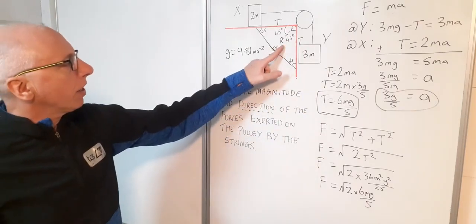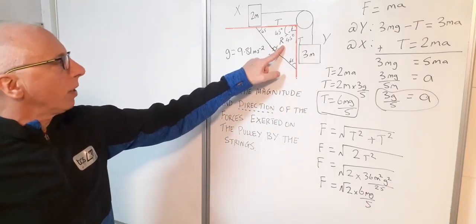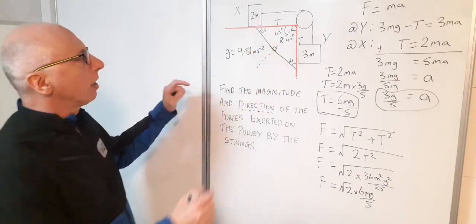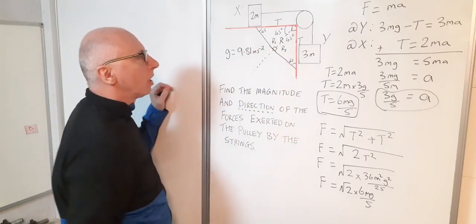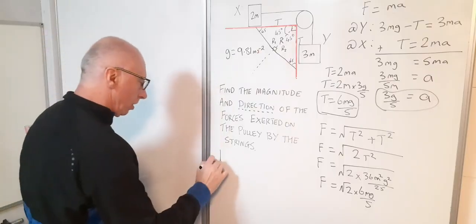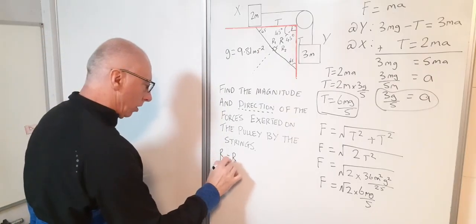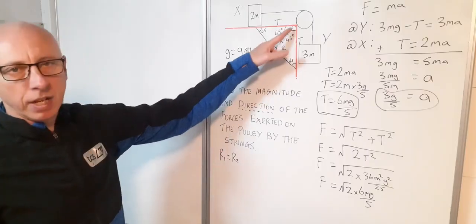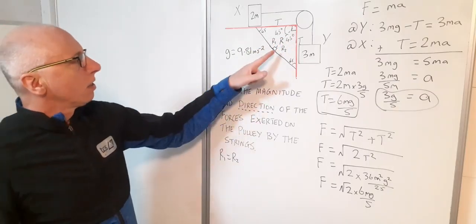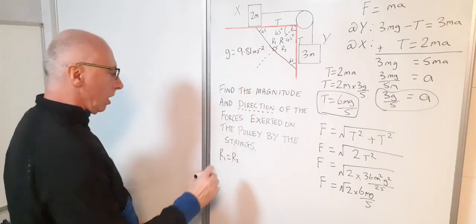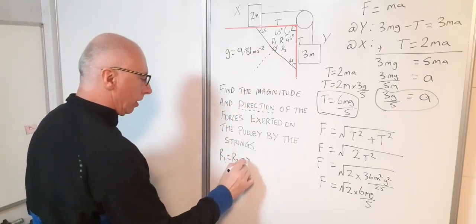So now I can find R by using some trigonometry. So on this side, let's call this side R1, this side R2. Of course R1 equals R2, because the triangle is isosceles, so it's the same length. So the lengths of these sides will equal my forces. So R1, let's work out what's going on here.